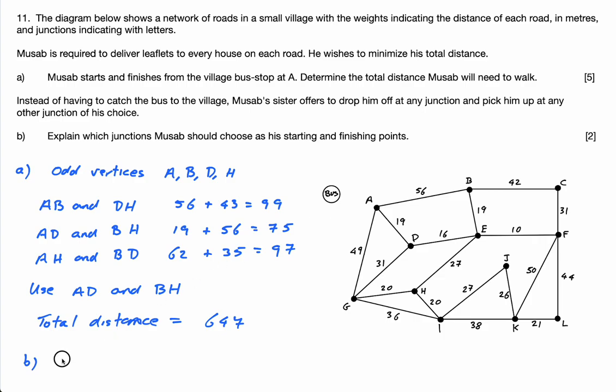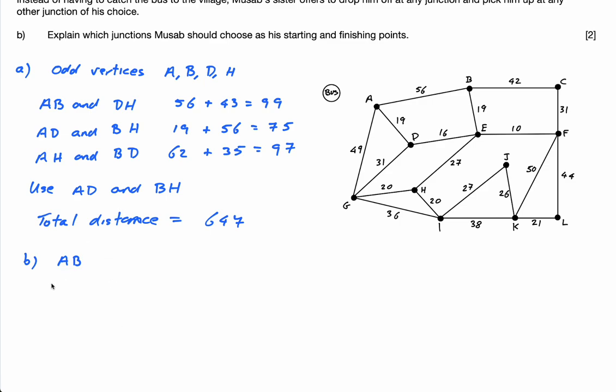Will we connect AB? Let me move down a bit here. Will I connect AB, AD, AH, BD, BH, or DH? And essentially I want to connect the shortest one. So AB is 56, AD is 19, AH is this 35 plus 27 is 62.